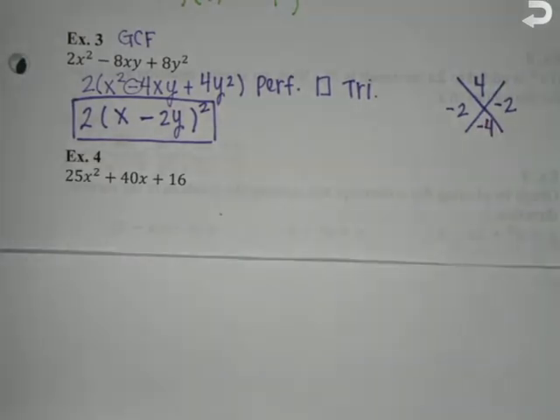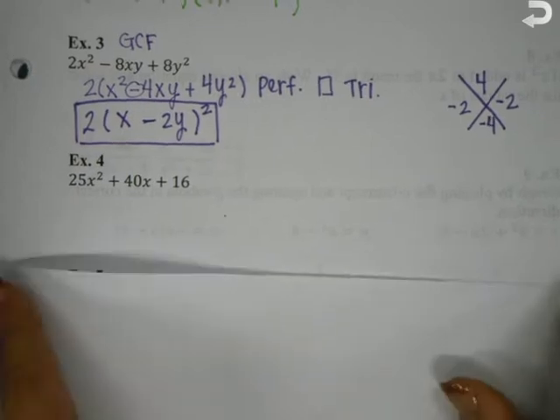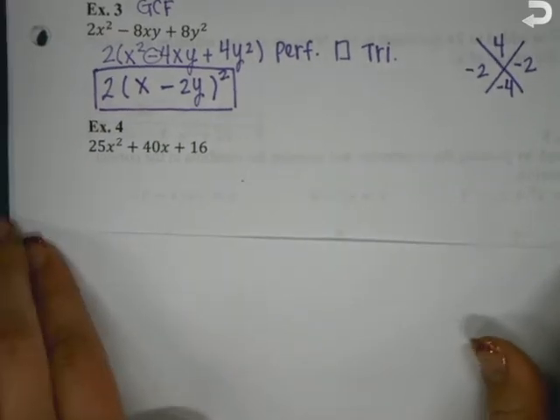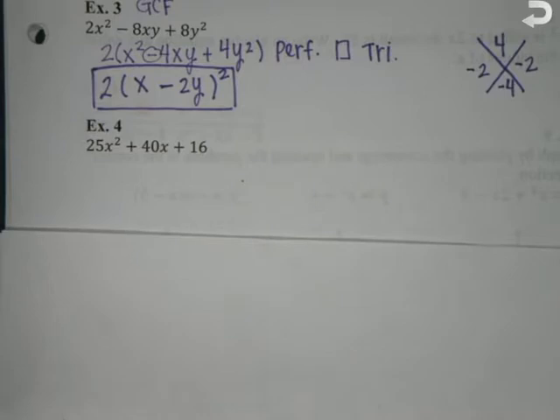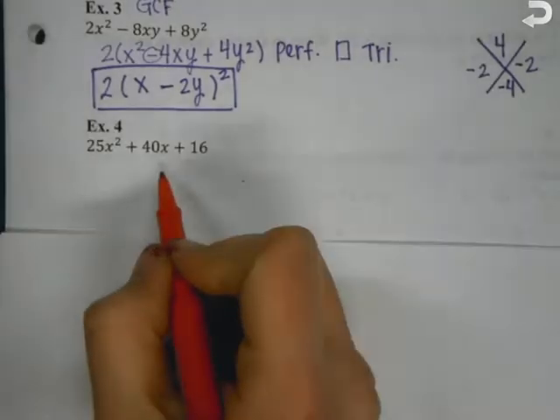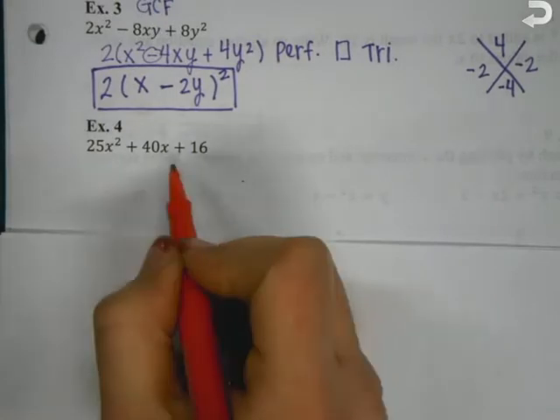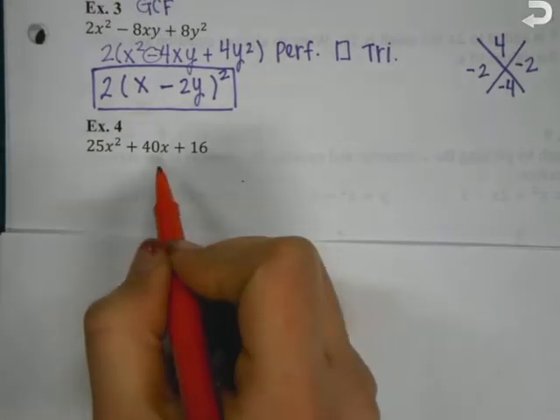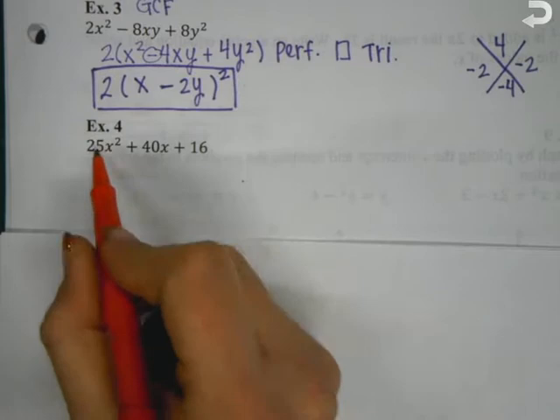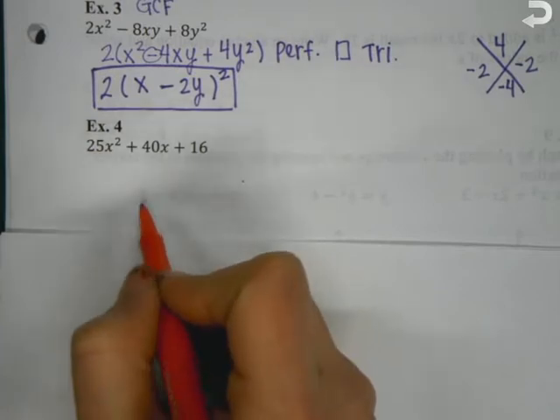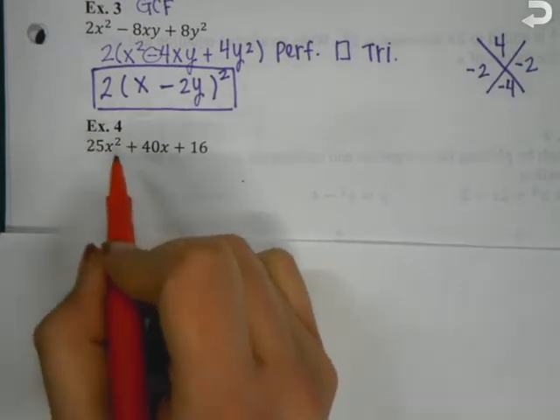All right, example 4: 25x squared plus 40x plus 16. What's the first thing I always want to check for first? GCF. Do I have a GCF? No, because of this 25. Is it a difference of two squares? No. Is it a perfect square trinomial? Yes.